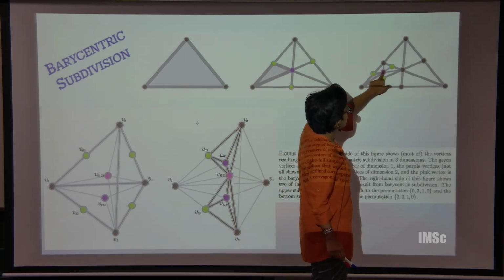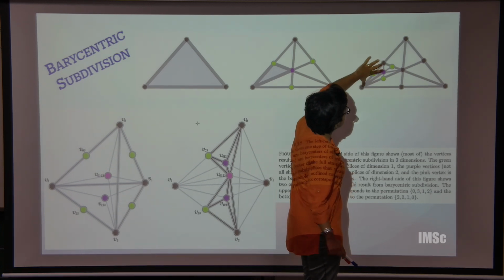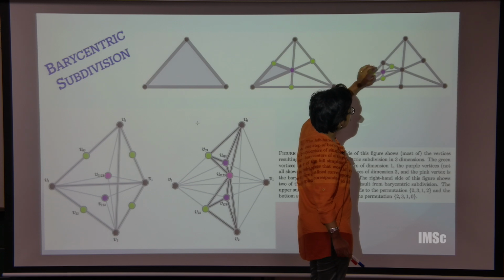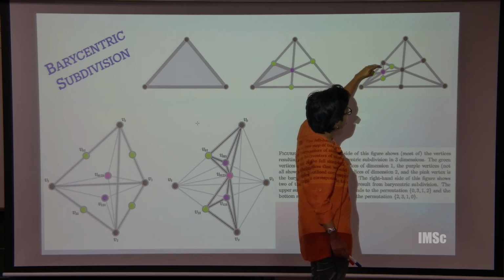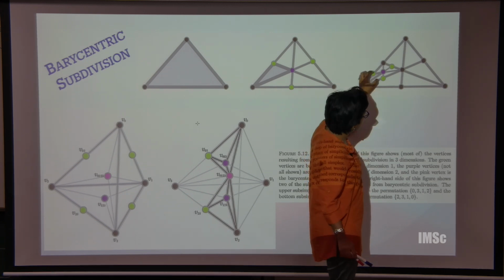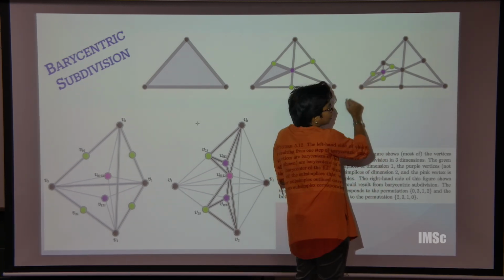First we again subdivide this edge, these green ones. Basically we create another bunch of triangles, and iteratively you can apply this again on the smaller triangles, and so on.